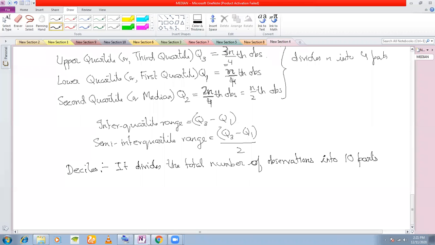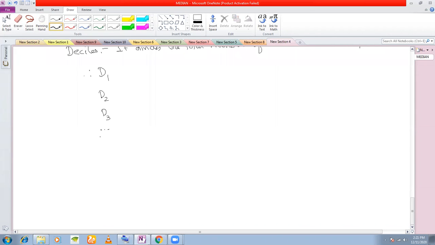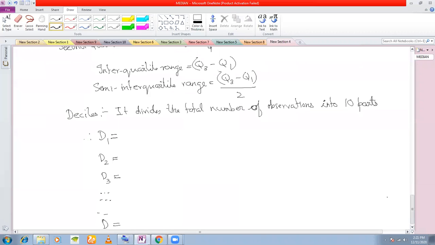So when we are talking about deciles, we're talking about 10 parts. Therefore, we define the deciles as D1, D2, D3, and so on. This continues till D10. The first decile is the n by 10th observation.